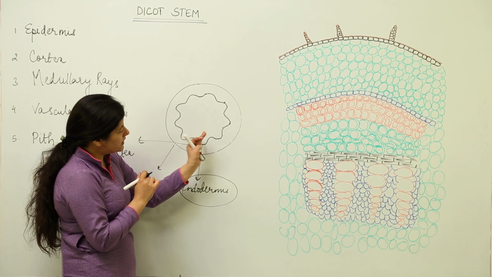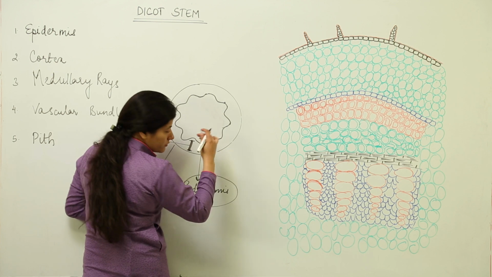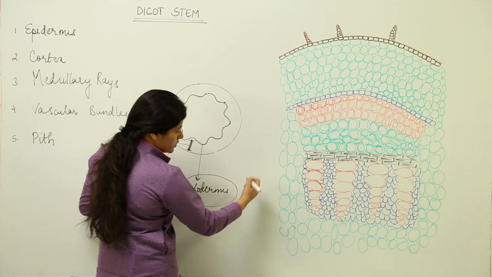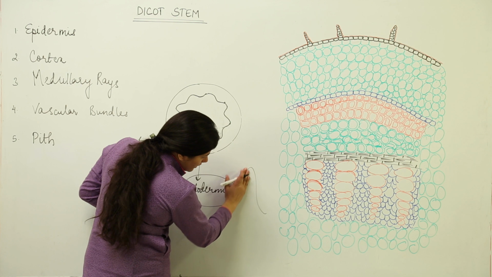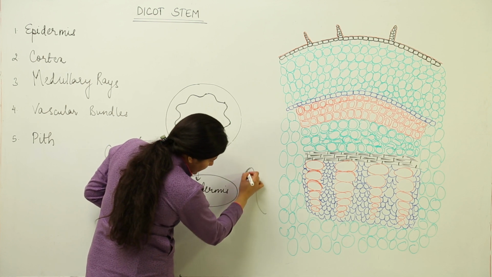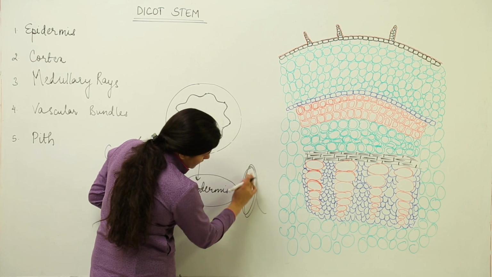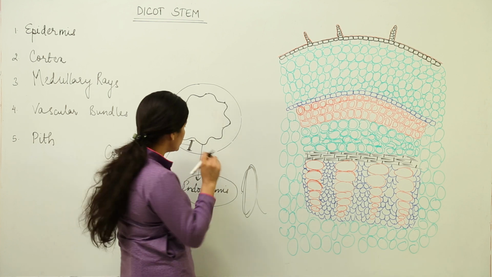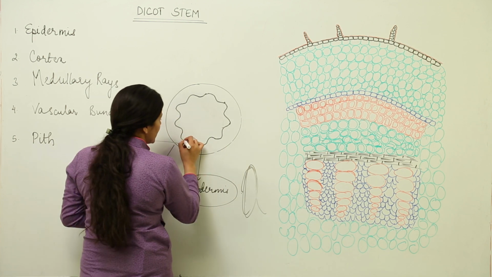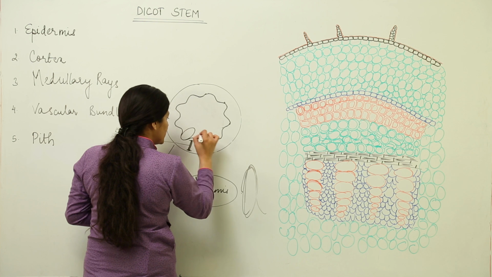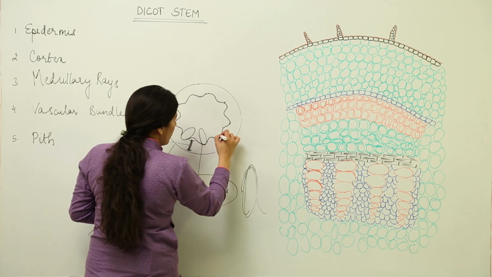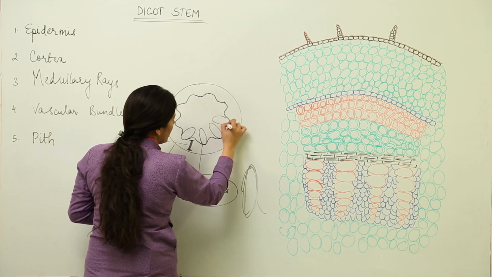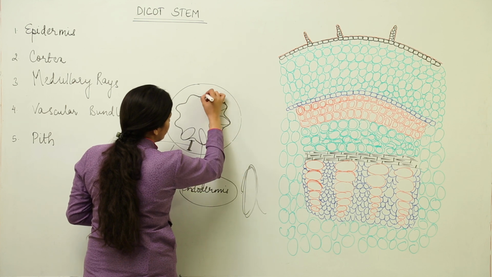Now, what lies below this wavy endodermis? Wherever there is a trough in the wave, you know what is trough and what is crest. So, where there is a trough in the wave, that region would house a vascular bundle. Now, what sort of vascular bundle, we are going to discuss that, but for now you can just remember that a vascular bundle would be located over here, one would be here, one would be here, like this. You are getting a pattern.